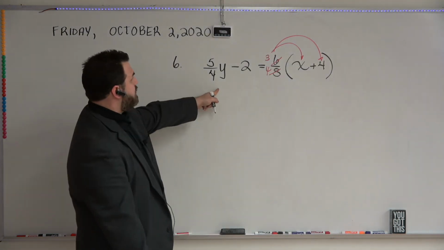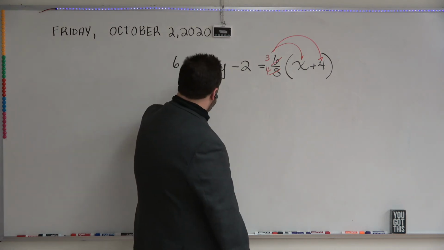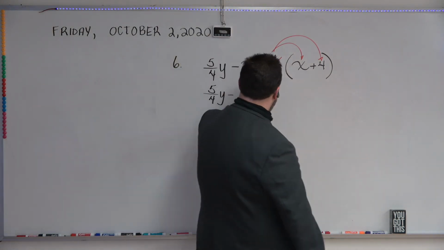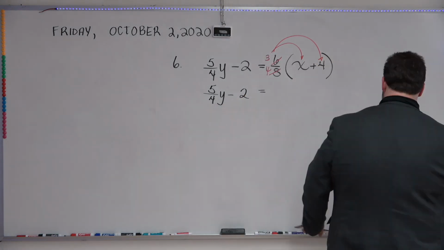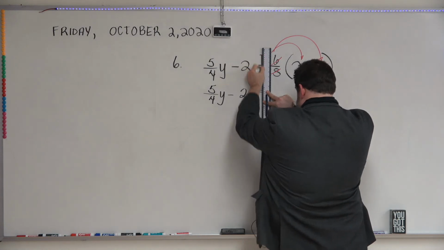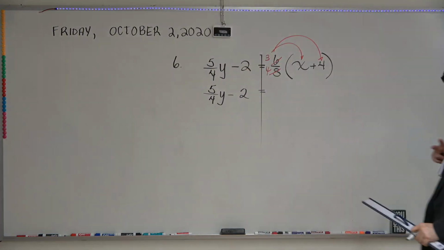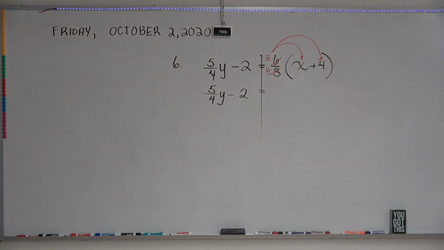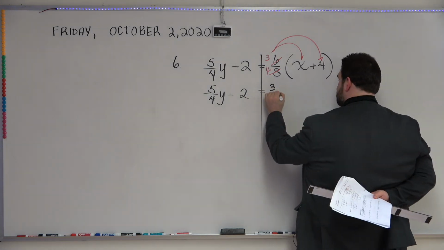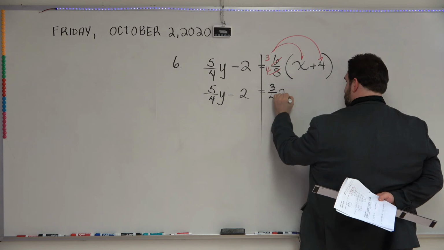So first I'm going to rewrite the left side, 5/4y minus 2 equals. Now what's 3/4 times x? 3/4 x.